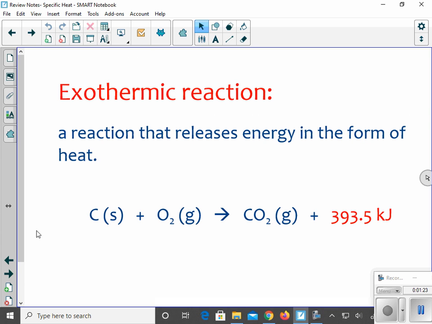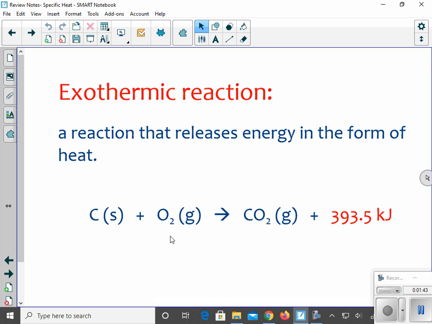An exothermic reaction. I think I took this slide directly from the video. An exothermic reaction is a reaction that releases energy in the form of heat. So as I'm looking at this equation, I have two reactants.